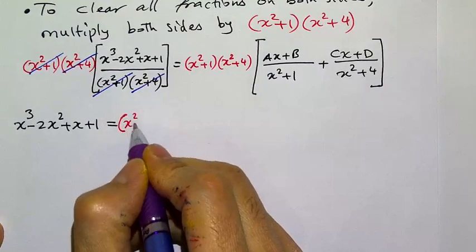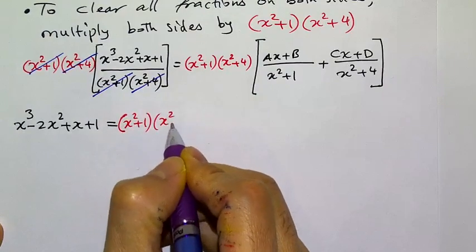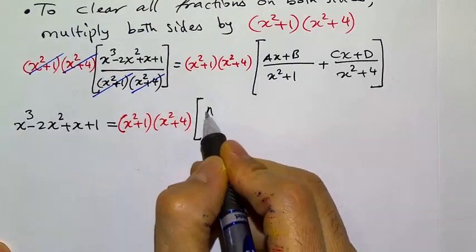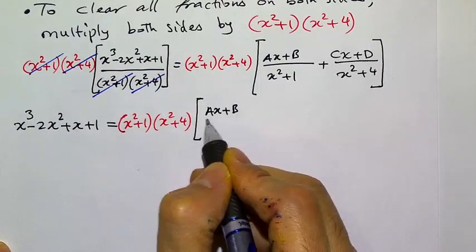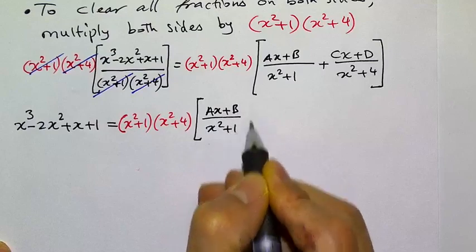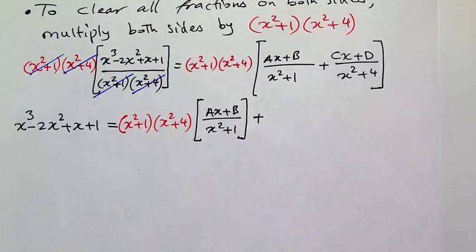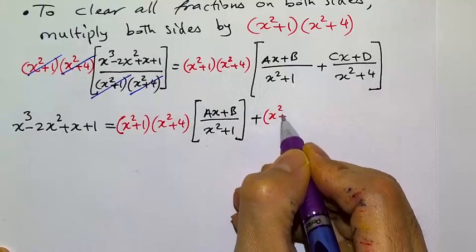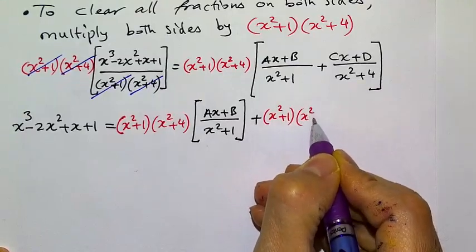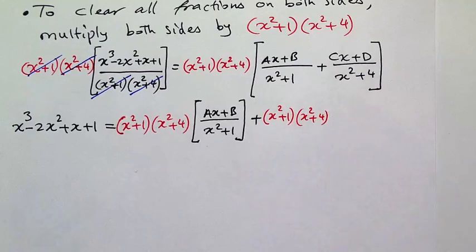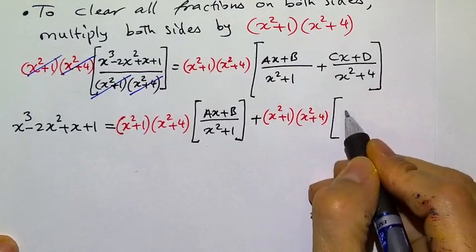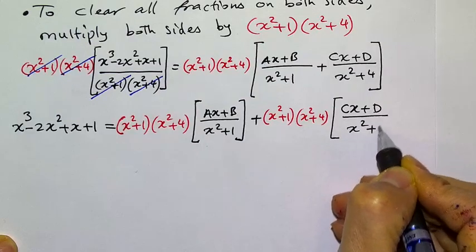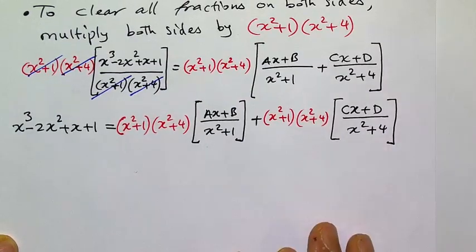So I have x squared plus 1 times x squared plus 4 times the first fraction, which is ax plus b, divided by x squared plus 1, plus, distribute this into the second fraction, x squared plus 1 times x squared plus 4 multiplied by cx plus d over x squared plus 4, like that.